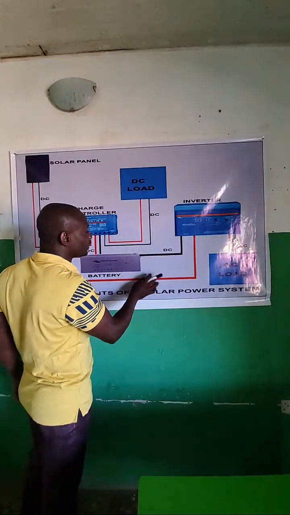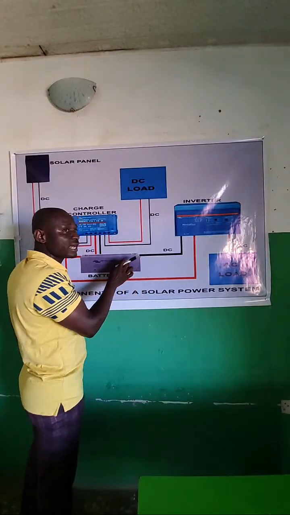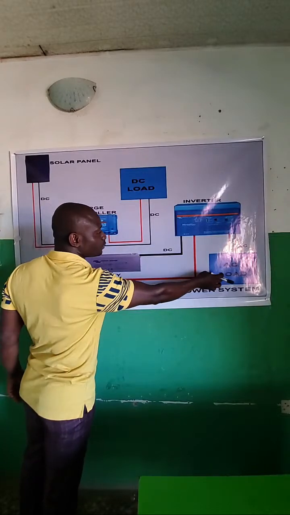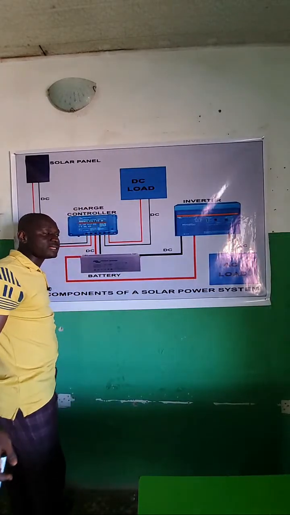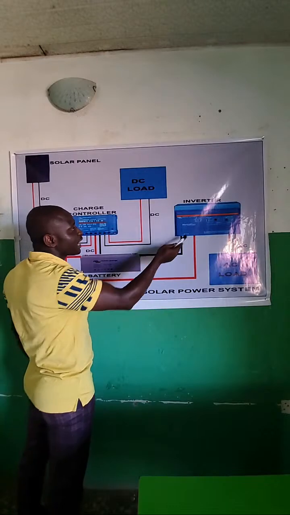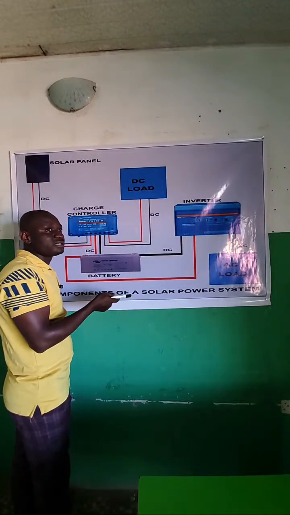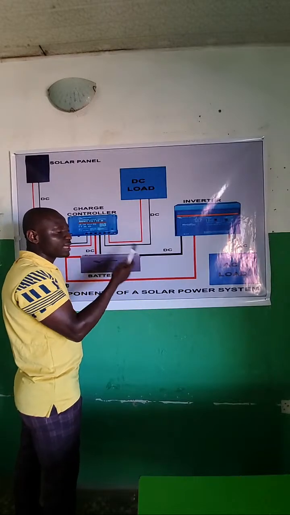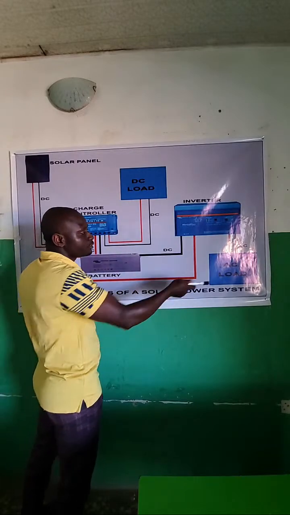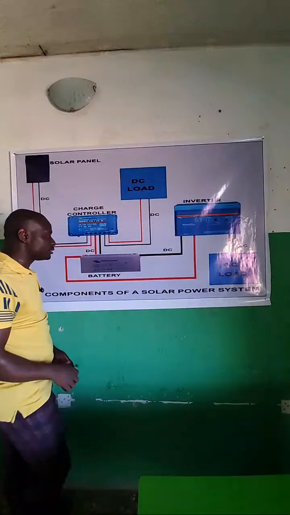So we need something that will be able to convert the energy that is stored here to AC so that we can use our conventional AC appliances. That is why we have the inverter. The function of the inverter is to convert DC to AC, that is direct current to alternating current, so that we can power our AC loads.